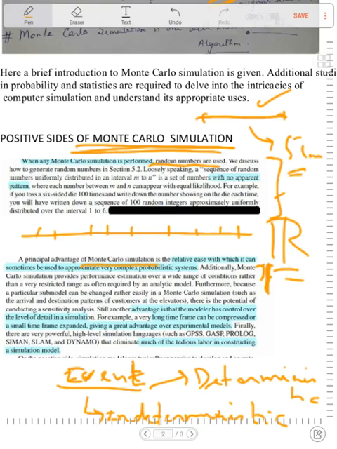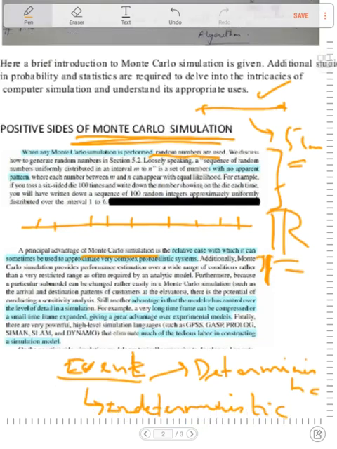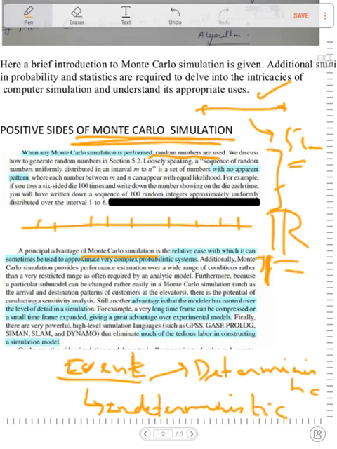Third positive side of Monte Carlo simulation is that the model has control over the level of detail in simulation. So for example, a very long time frame can be compressed, or a small time frame may be expanded, giving a great advantage over experimental models.